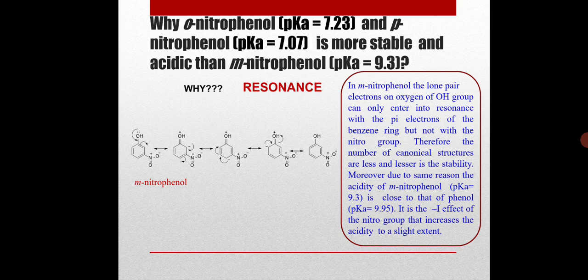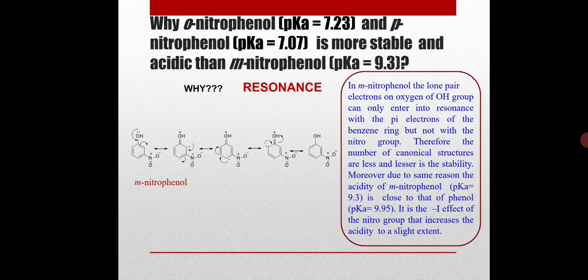Meta-nitrophenol has 5 resonance structures, which is similar to that of phenol, and para-nitrophenol and ortho-nitrophenol have 6 resonance structures. Lesser the number of canonical structures, less is the stability. Therefore, meta-nitrophenol is less stable than para-nitrophenol and ortho-nitrophenol.